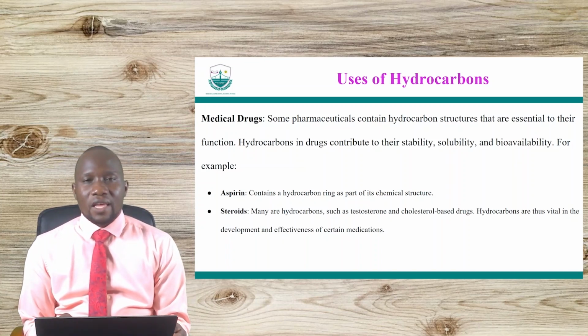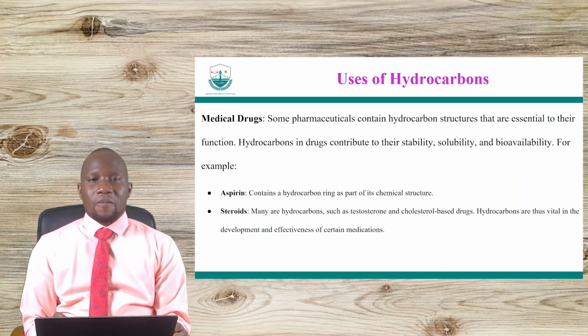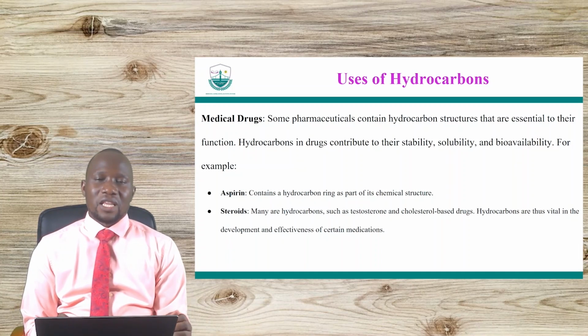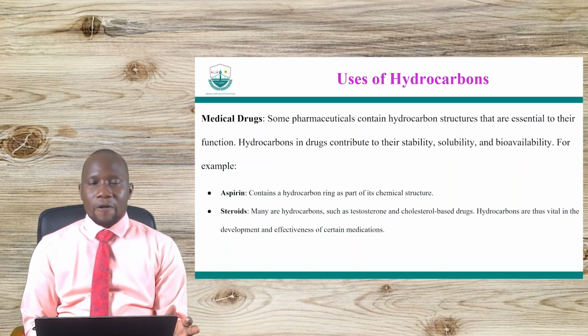So that marks the end of this session where we have looked at hydrocarbons, the chemistry of organic compounds, where we say that carbon is like a framework for these organic compounds.